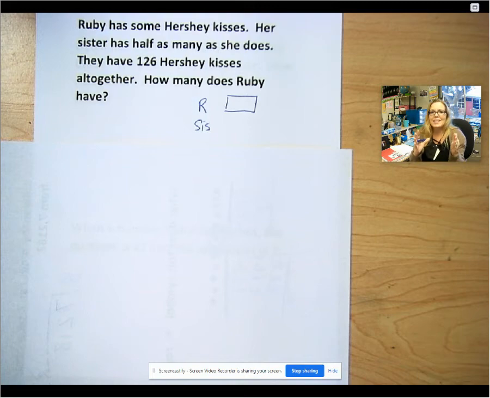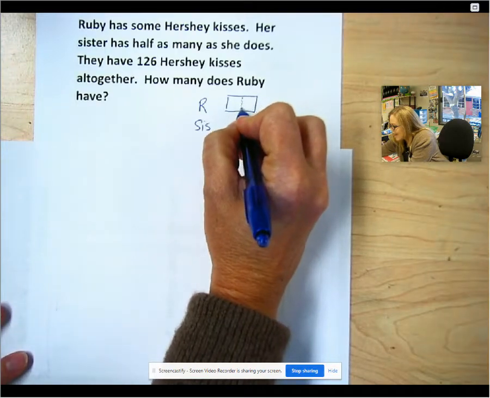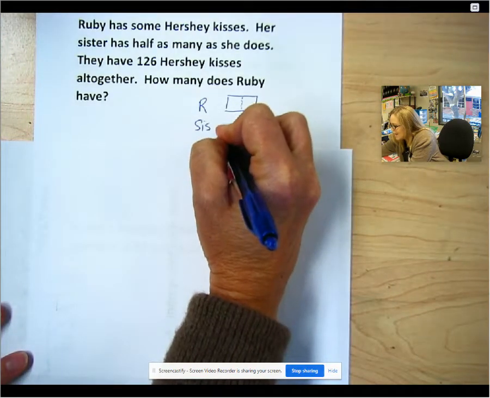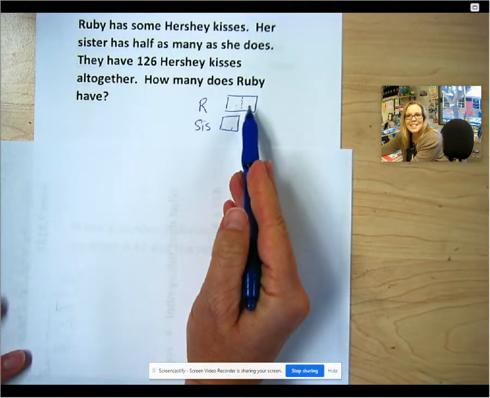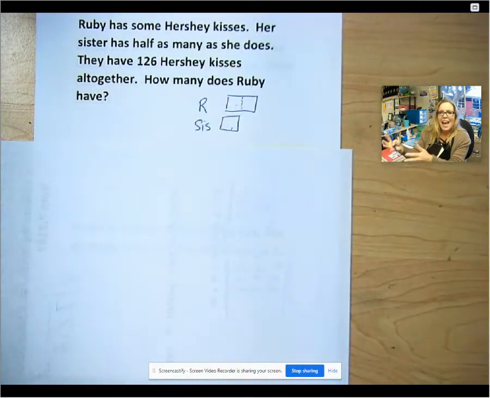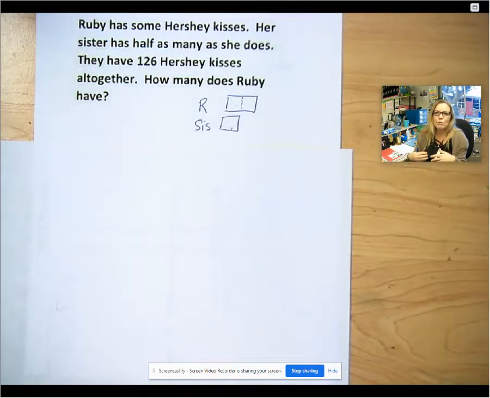And in fact, Ruby has twice as much as her sister, right? If I were to split this in half, then her sister would have that much compared to Ruby's twice as much. So having half of what Ruby has is the same as saying Ruby has twice as much. You know how to model this, my friends.